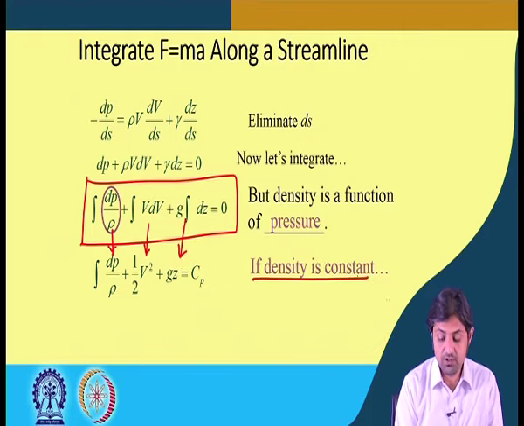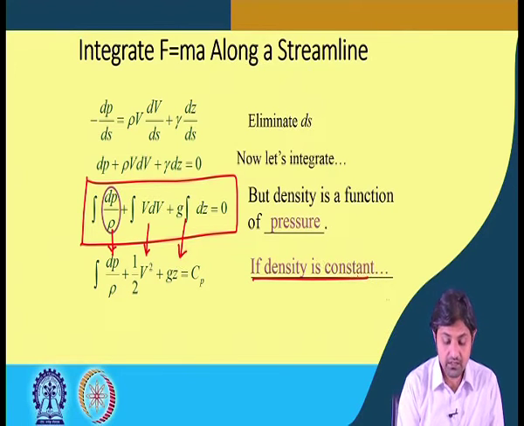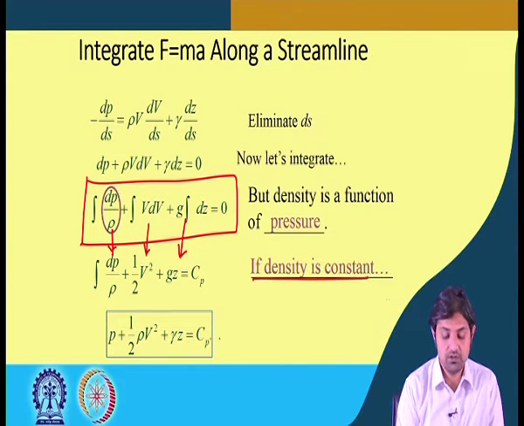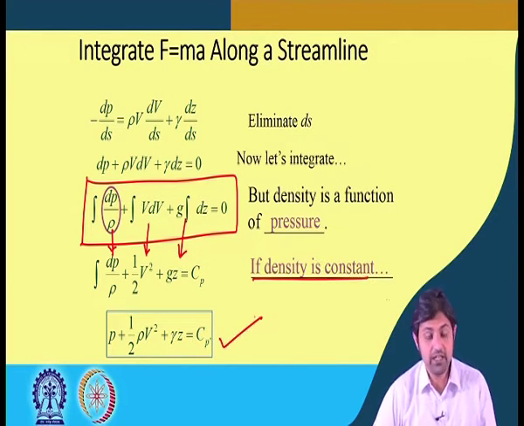If density is constant, we can write p plus half rho v square plus gamma z is equal to constant. All right.